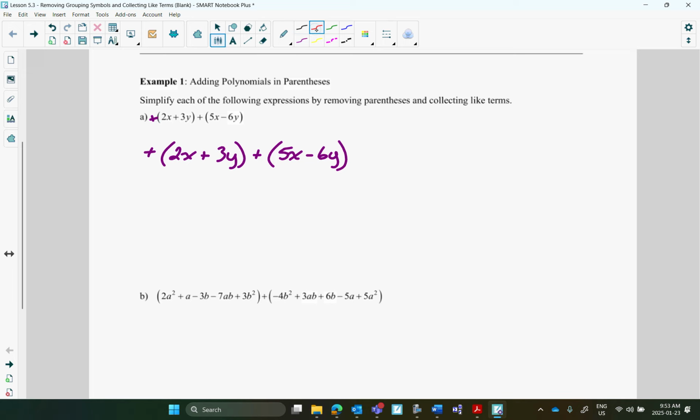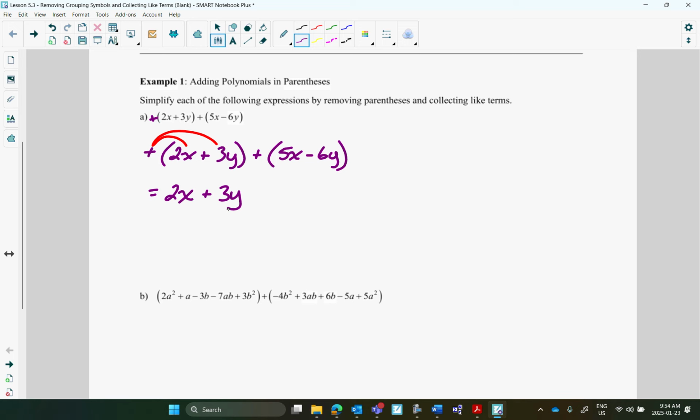The addition sign has to apply to every term inside the parentheses. So I need to add 2x and add plus 3y, which is the same thing, isn't it? Plus 2x is just 2x. Add plus 3y is just the same as that. When we've got two pluses, it's a plus. But I can take the parentheses out because I applied the plus to everything inside.